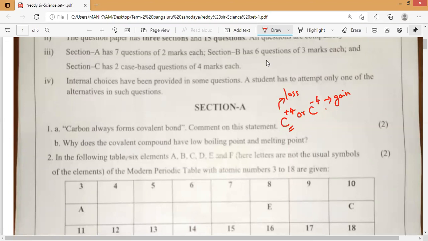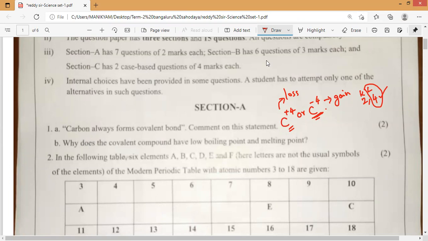Suppose you take carbon, what is the electronic configuration of carbon? Can anyone tell me? Electronic configuration of carbon is 2, 4. Yes or no? So K and L. So the valence electrons are 4. Now losing or removing these 4 electrons also is very difficult. Why is it, tell me?